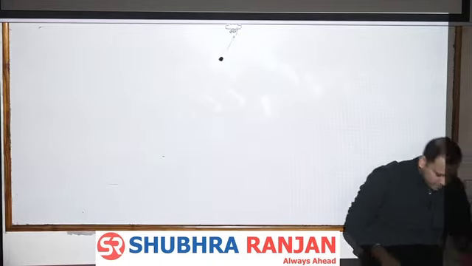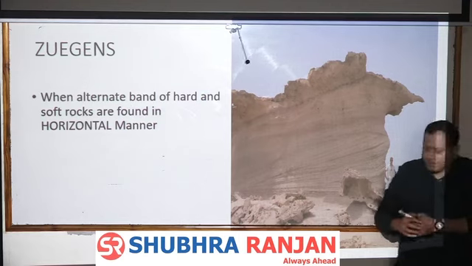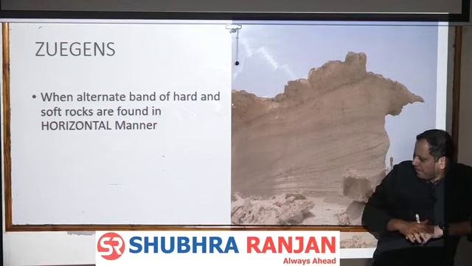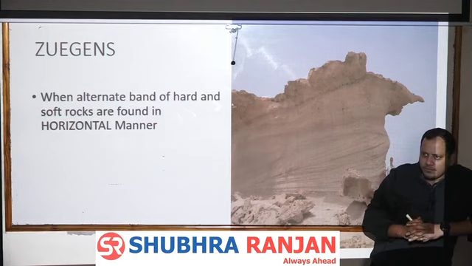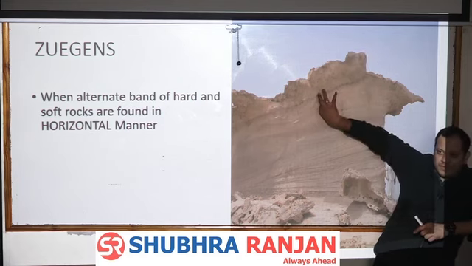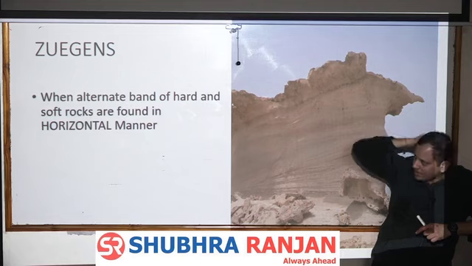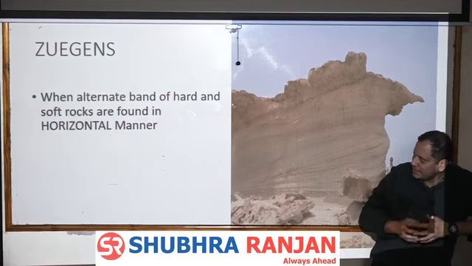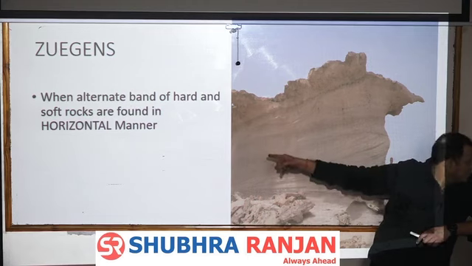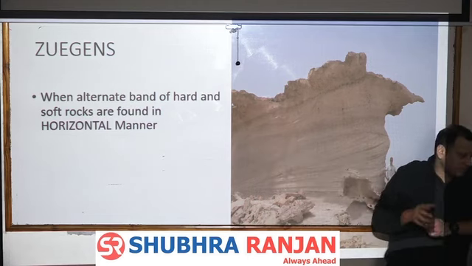Zeugens are formed. We can look at the spelling. Zeugens are formed when the band of hard and soft rocks are in horizontal manner.